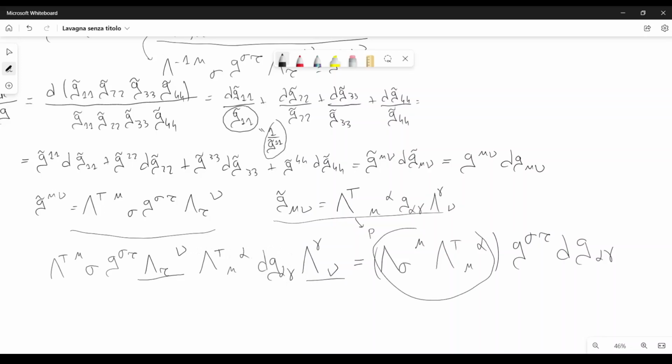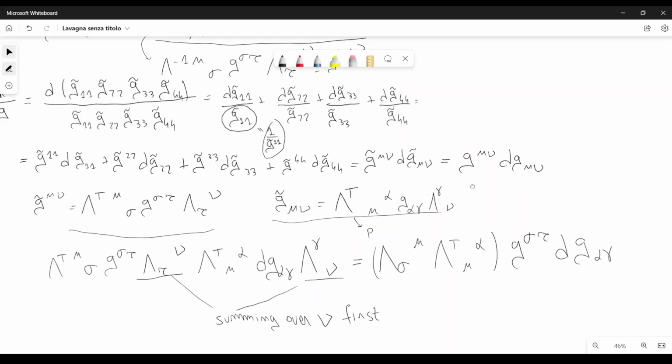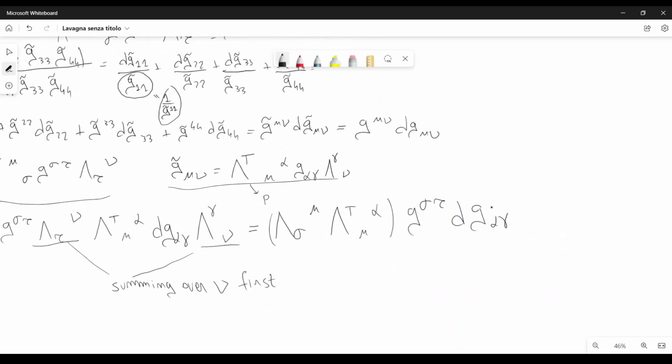In here I'm summing first over μ, whereas here I am just thinking as if I am summing over ν first. So in this case I can rewrite that as Λ^{τν}, which multiplies this matrix, and I can rewrite that matrix as Λ transpose νγ.